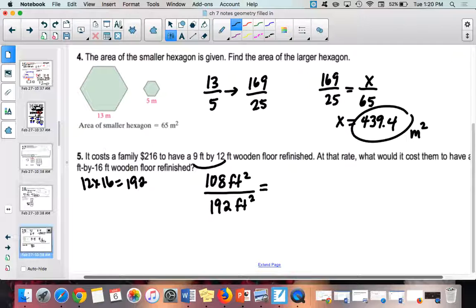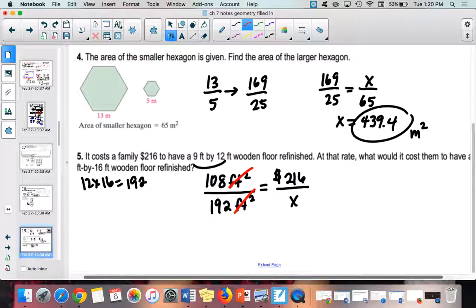Okay? So if it costs a total of 216 to replace this one, we want to know how much it's costing for the other one. Do you guys see how our feet squareds are going away? This last unit, x, is going to be in dollars because we want our dollars to go away as well. We don't really need to square things here because we've already taken care of the squaring when we did the feet by feet.